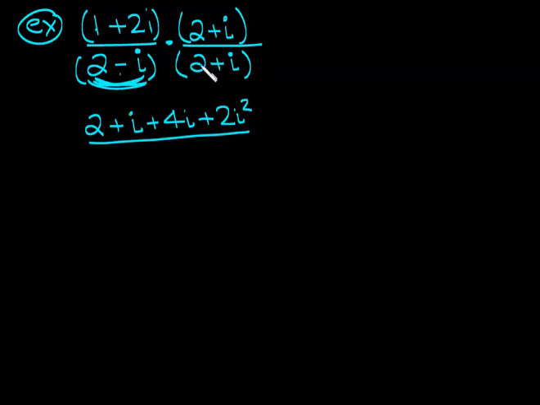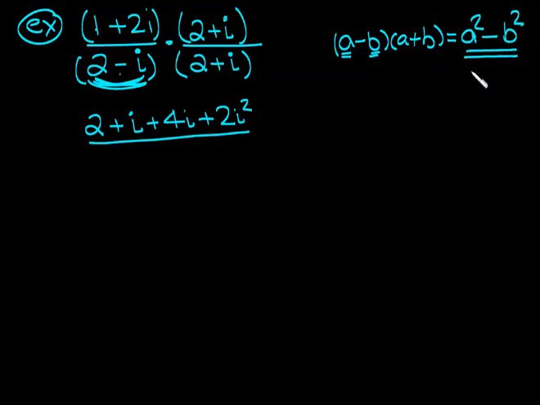Anytime you multiply two conjugates, what happens? If you multiply a minus b and a plus b, you have two conjugates, you end up with what? The square of the first term, you put a minus, and you get the square of the second term. We always get that when we multiply two conjugates. So let's do that. What's the square of 2? 2 squared is just 4. Put a minus in the middle. What's the square of i?